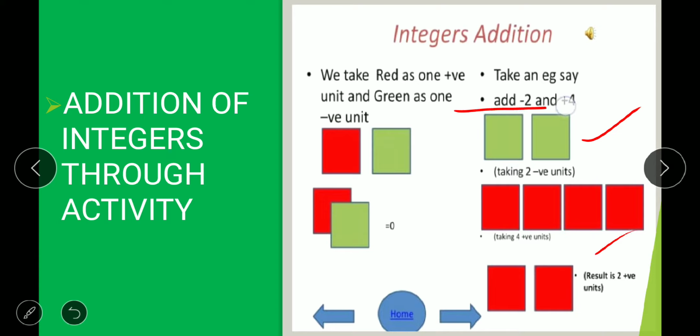If you want to add minus 2 and 4, take 2 negative cards, which are green, and 4 positive cards. Group 1 positive and 1 negative, and 1 positive and 1 negative. It becomes 0. The leftover is plus 2, which is red cards. The red cards are nothing but positive numbers. So we got our answer as 2. In this way, through an activity also we can add integers.